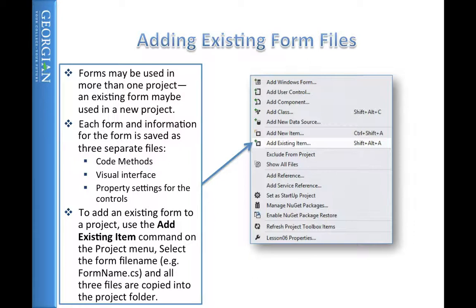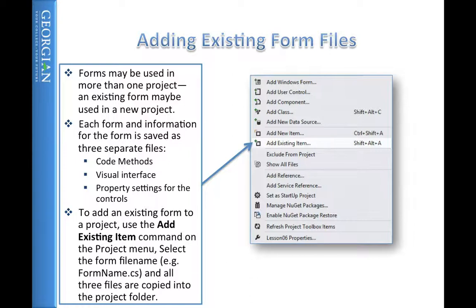But in this particular example, there are a few files that come with each form. There's the code methods that you're going to bring in, because if you click on the little arrow next to the form, it'll pull down little files that are associated with it. One of them is the code methods. The other one is the visual interface, the design part of the form, and the third part is your settings.